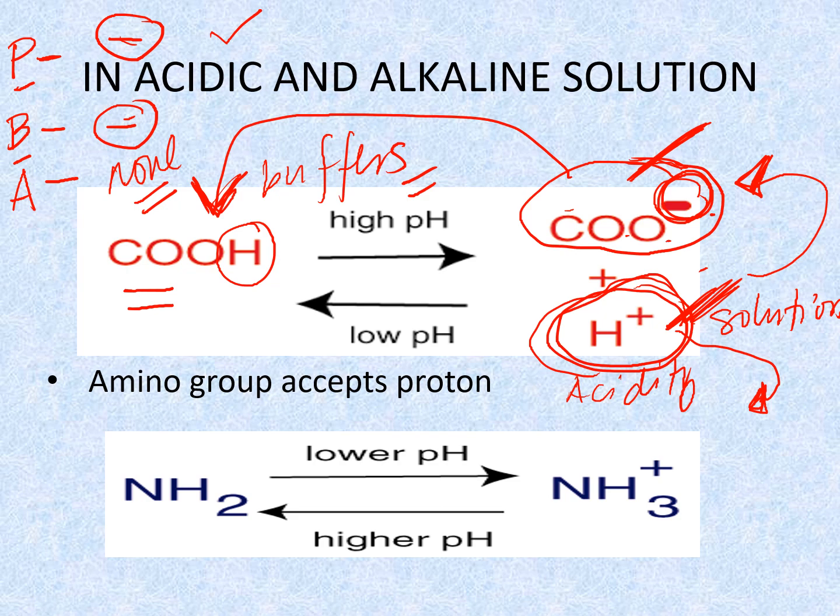As you can remember, your buffers work also in this way. The buffers will either accept or let go of protons. So in this sense, your amino acids can also act as buffers. They are a natural buffer of your body.